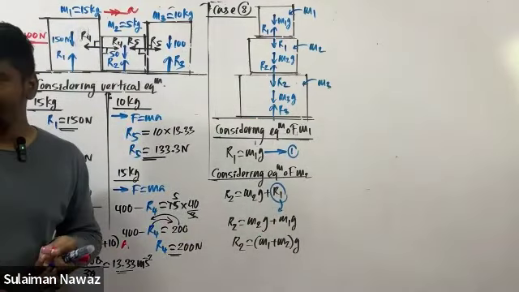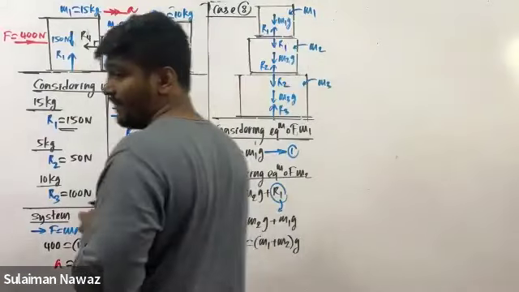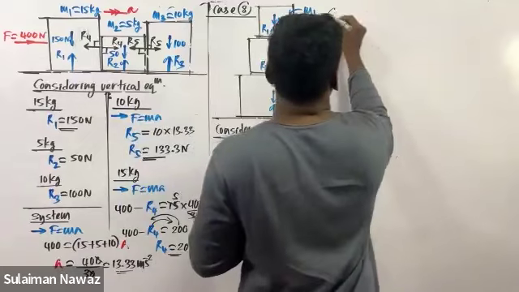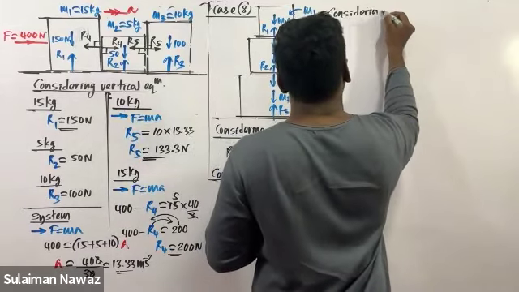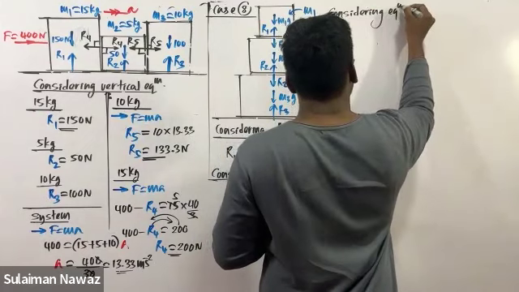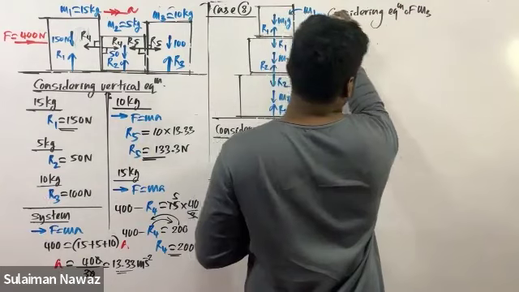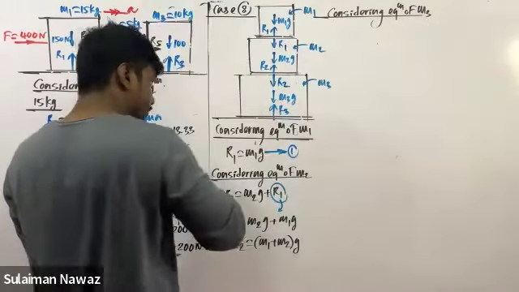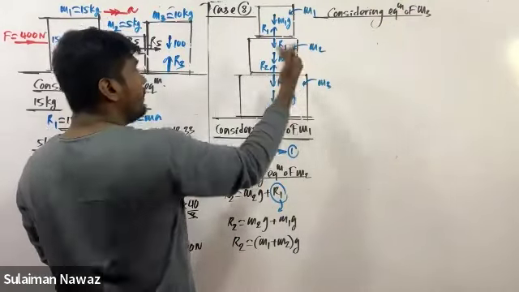You can understand, right? So considering equilibrium of M3, again there are 3 forces on M3. Always consider how many forces are on the relevant object.